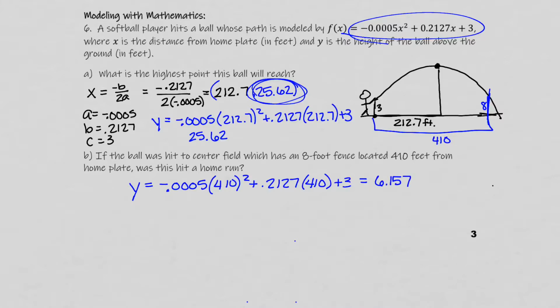So the question is, did it clear that 8-foot fence? No, it did not. It bounced right off. So no, let me rephrase. It hit the fence 6.157 feet off the ground.